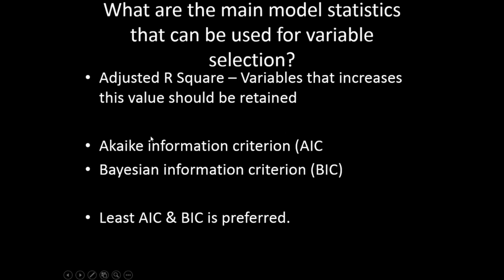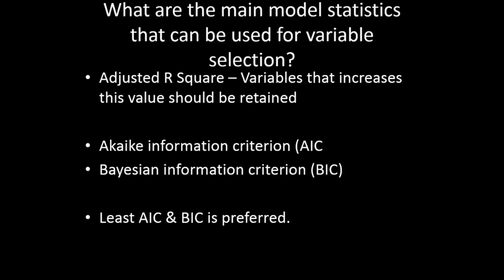There are two other statistics which are also important. One is the Akaike information criterion and the other is the Bayesian information criterion, popularly known as AIC and BIC. So we always expect that AIC and BIC should be least. Normally adding a variable doesn't decrease AIC and BIC; I mean, you keep on adding variables, AIC and BIC are likely to go up.